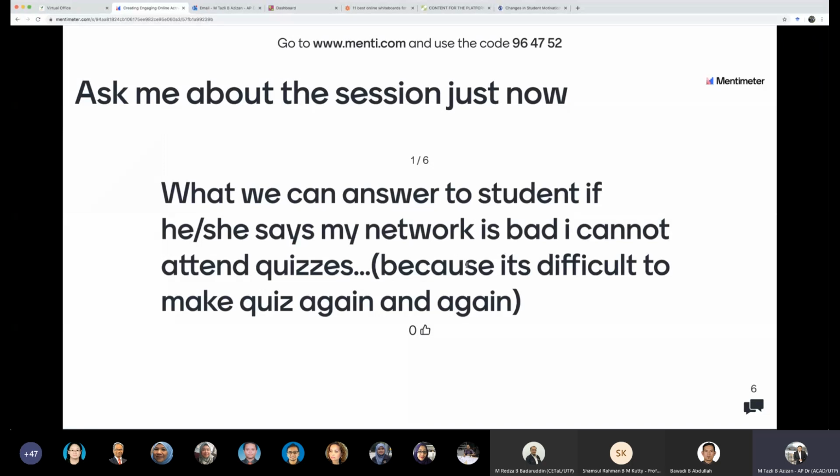And during this particular period, I know that morning class is not really something that the students look forward to. But if you conduct class at night, that is the time where they're very active, because they know that during that time the utilization of internet by other people may be lesser.